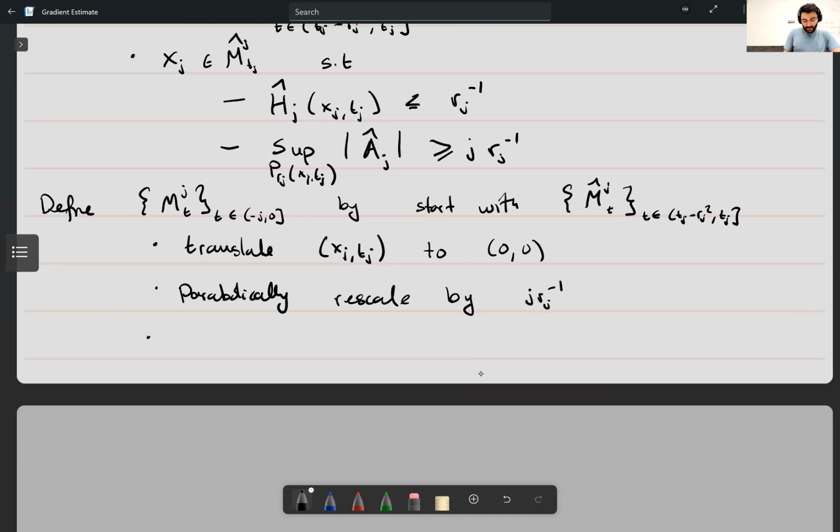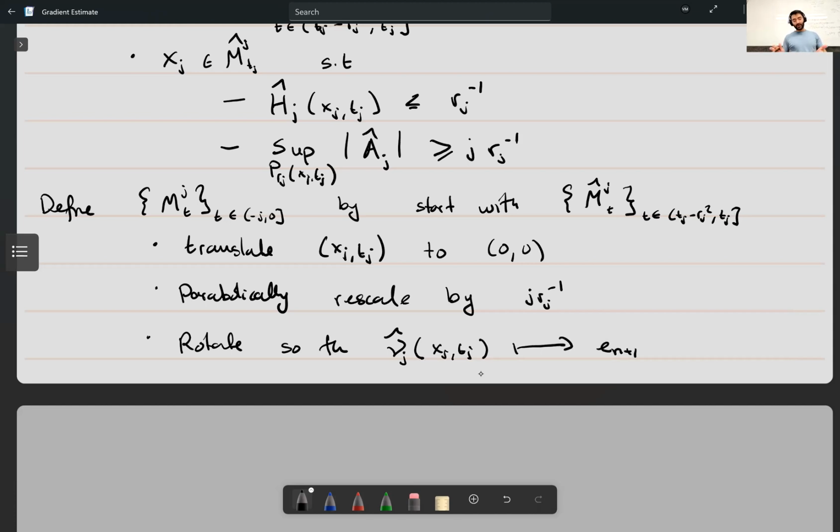And I'm also going to rotate so that the normal vector of MJT hat at x0 t, xj maps to, like I'm rotating, after doing all this translating and rescaling, is equal to e_{n+1}.